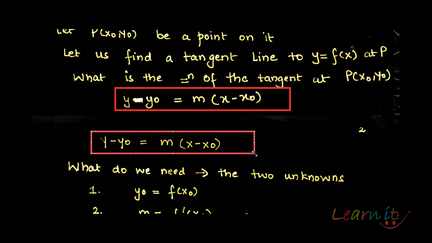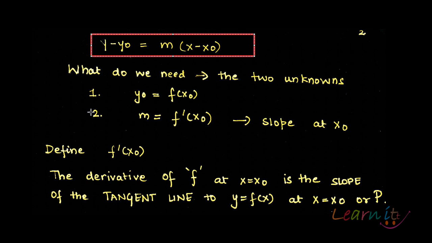So there are two unknowns. First, y0: y0 is a function of x0, so y0 equals f(x0) is something that we should be finding. And the second unknown is m, the slope. We do not know the slope at x0, so we need to know the slope to get our equation.